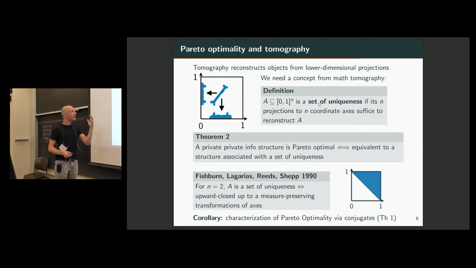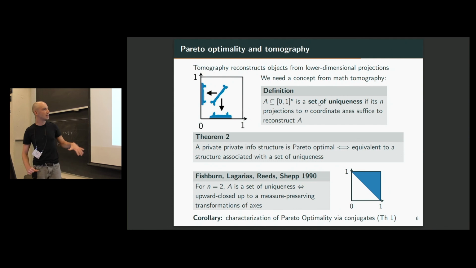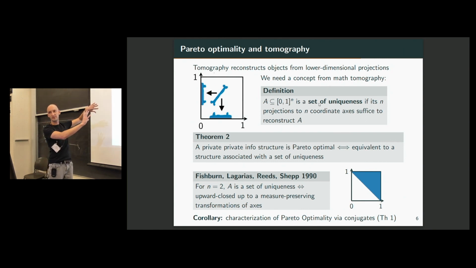So the idea roughly is the following one. If you have two representations of the same information structure via two different sets, then you can build a new information structure by mixing these two. And this new mixed information structure will contain some extra randomness, from the procedure of choosing between the first and the second.